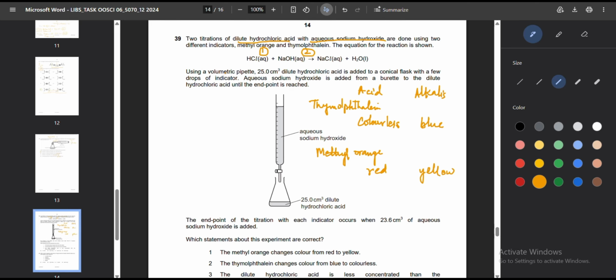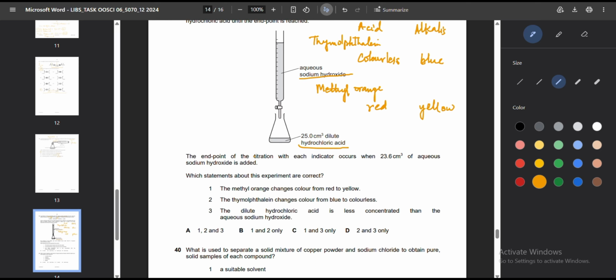Okay, so the reaction is also given. Using a volumetric pipette, 25.0 cubic centimeter dilute hydrochloric acid is added to a conical flask with a few drops of indicator. See, hydrochloric acid is taken in the conical flask. Aqueous sodium hydroxide is added. Sodium hydroxide is taken in the burette, and added from the burette to the dilute hydrochloric acid until the end point is reached.